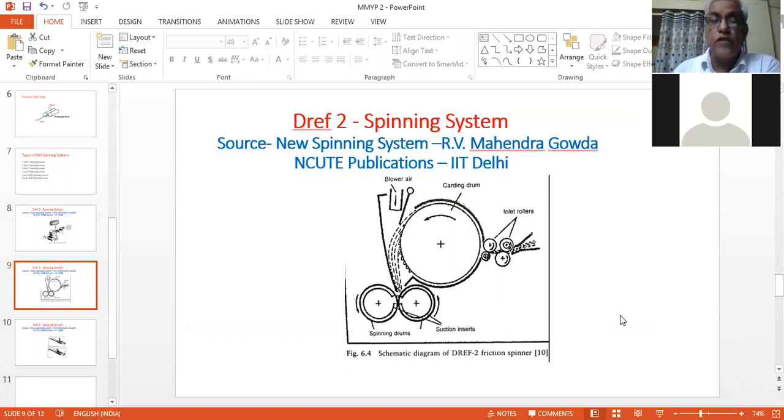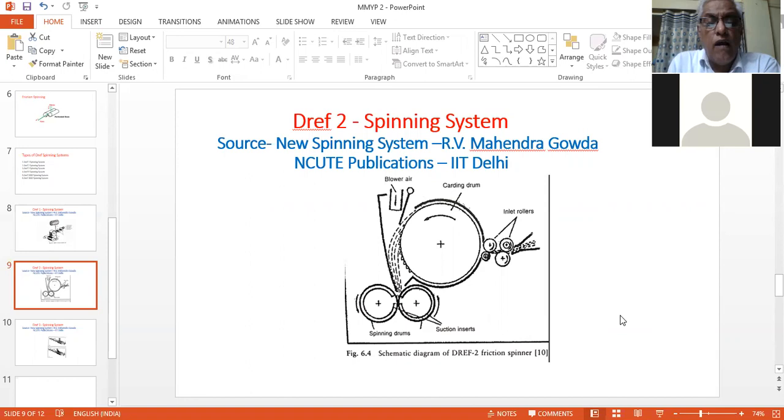The object of this opening roller is to convert the material into individual fiber stage, and due to centrifugal force, the fibers are transferred to the area between the perforated drums. And there is an additional blower air which ensures that the fibers fall directly in between the perforated drums.